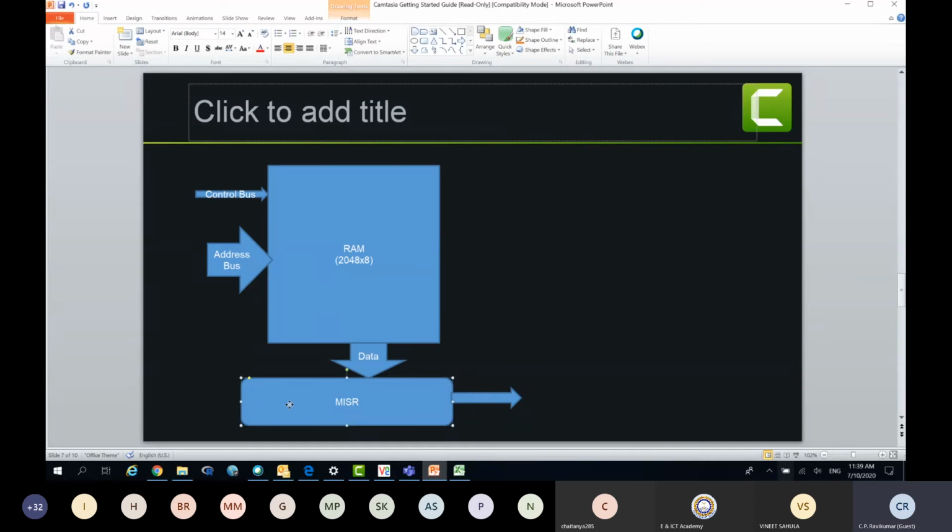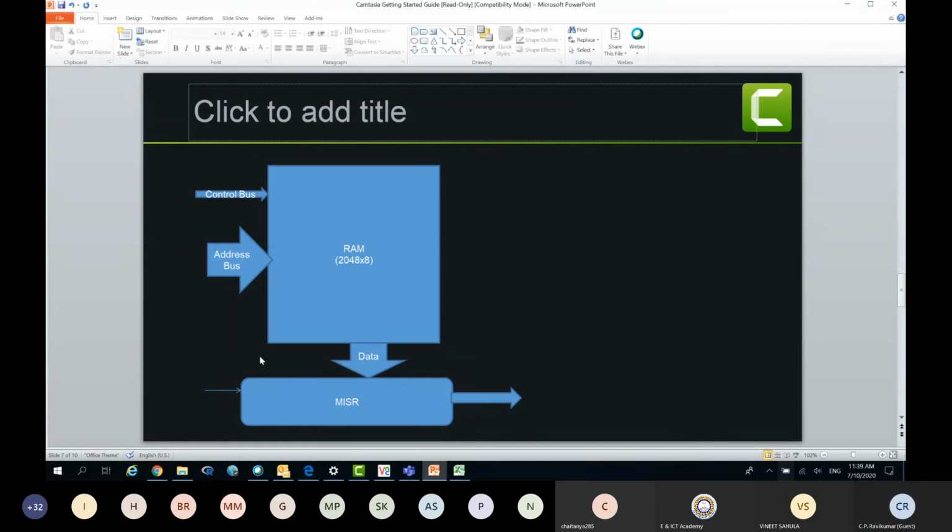So instead, initially the MISR will be reset. There is a reset button, so it will go to the all zero state. And in the MISR, the all zero state is okay. See, in the ordinary LFSR, where we were using it as a random pattern generator, I told you that the all zero pattern is not acceptable.